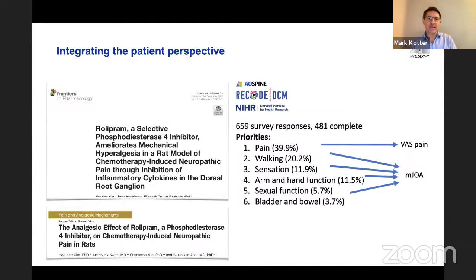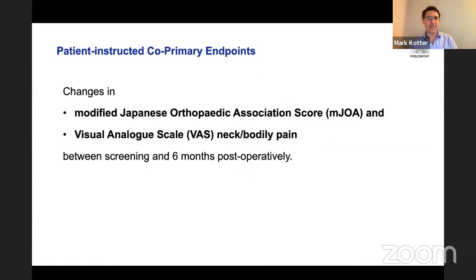Now, why do we think that pain may also be conducive to modulation with a regenerative drug? Because a lot of this pain component seemed to be related to neuropathic pain mechanisms in the spinal cord, and this is just early literature that's emerging.